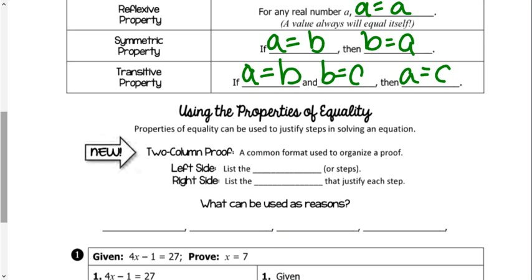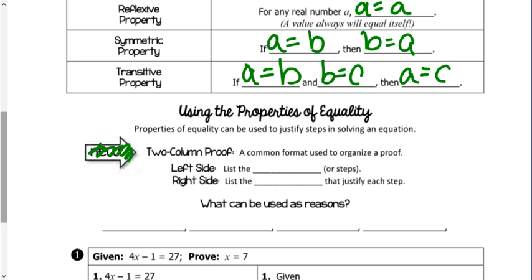Something that we do a lot of in the logic unit is making proofs. A proof is just you proving how you got to the end of your equation, or other types of scenarios, but right now we're just doing an equation. A common format to organize a proof is the two-column proof.